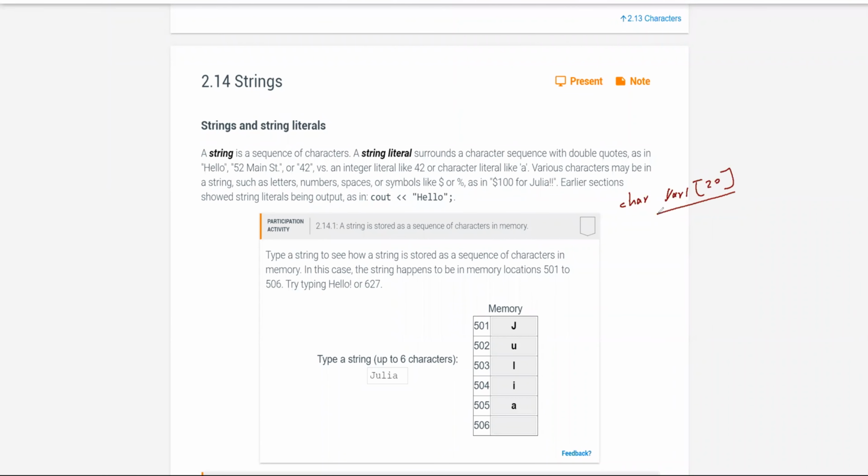Instead of writing like this, in C++ they introduced something called string var1. This can handle any number of characters, but the structure of this is actually 20 cells. This is actually what it does.